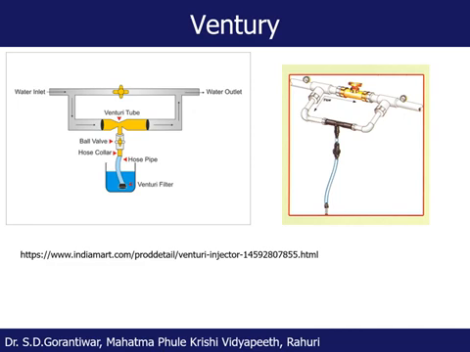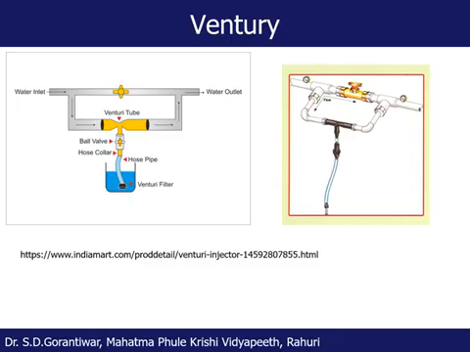Like this, and this is the bypass arrangement. When fertilizer is to be injected, this valve is closed, or partially closed, so that some of the water will be bypassed through the venturi. In the venturi there is a contraction, so the pressure head here will be converted into velocity head.